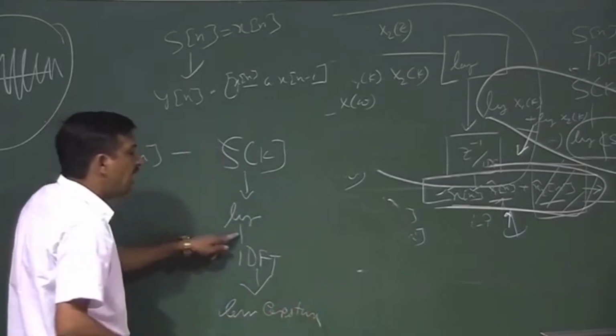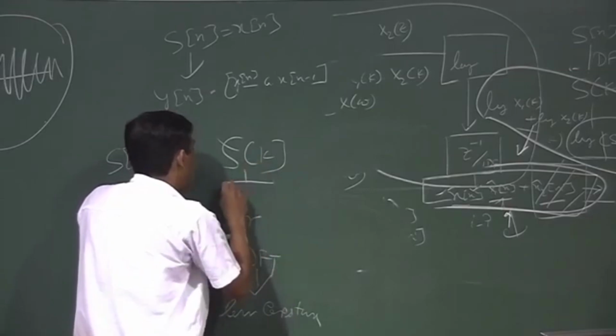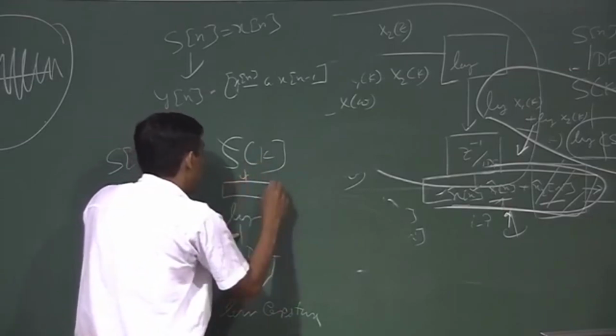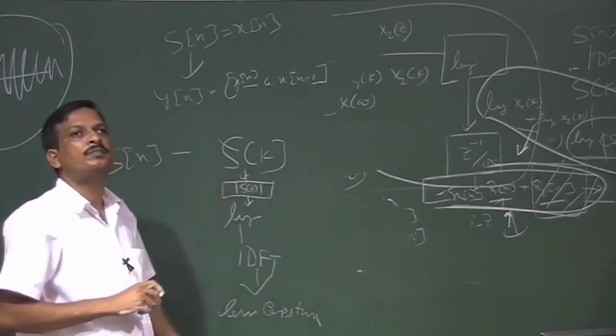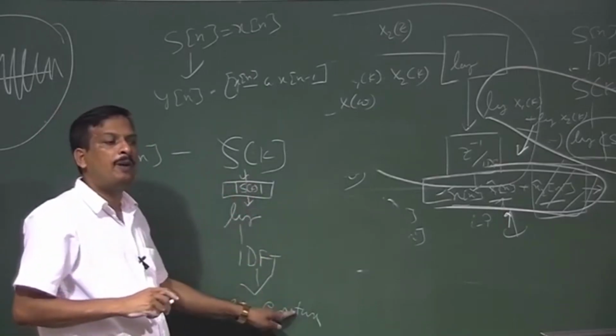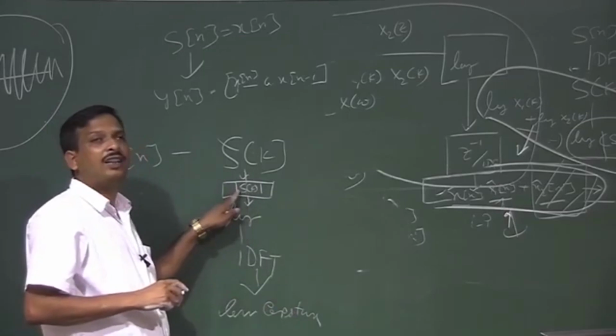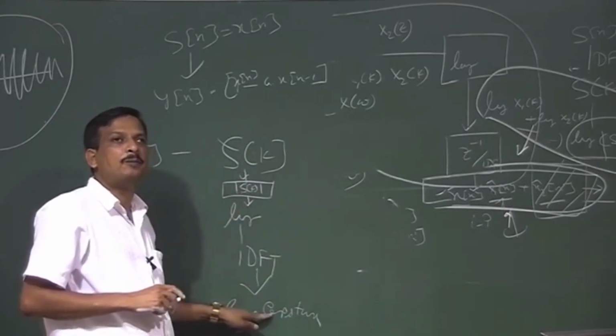If I want the real spectrum, then I add another block, which is the mod of S(k), then take the log. If the mod of S(k) is omitted, it is the complex spectrum. If I take the log of the mod, it is called the real spectrum.